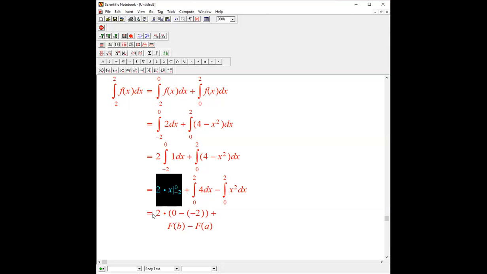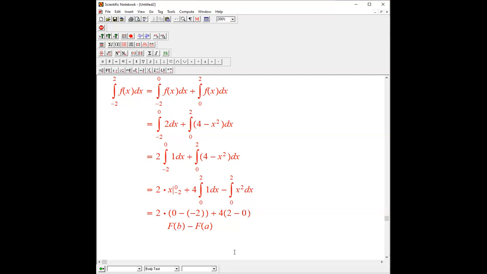We just had this thing taken care of, right? And then it's the next one. Can you combine 2 and 4? No, you cannot, because they are on different intervals. And you can even bring the 4 outside, like we did before. So here you're just going to have 4 times 2 minus 0. 2 minus 0 is 2, right?